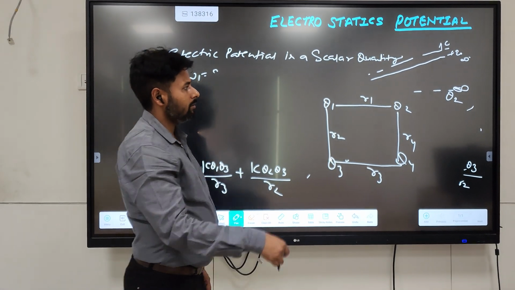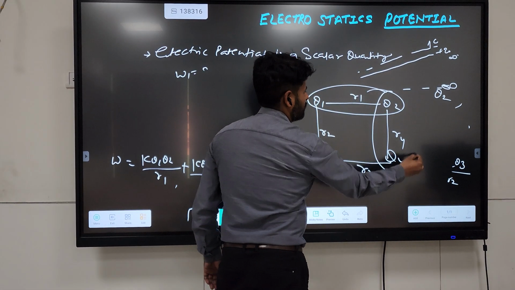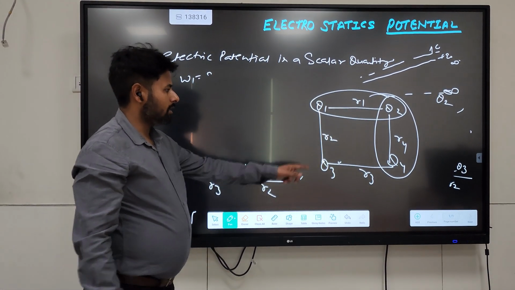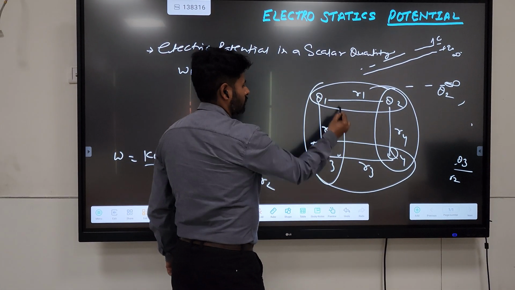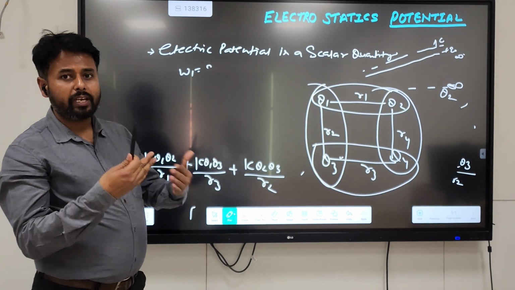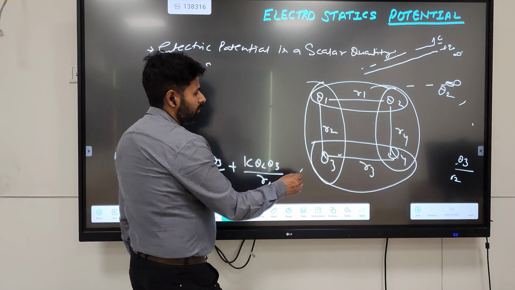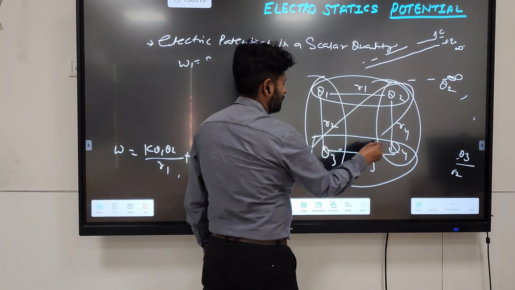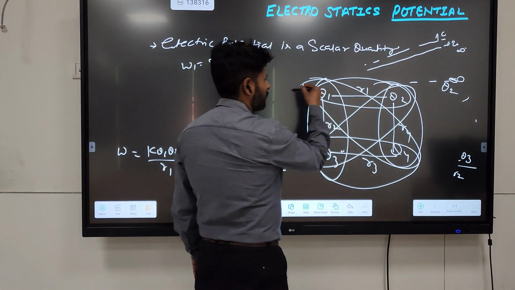There will be a potential energy between Q1 and Q2, a second potential energy between Q2 and Q4, a third between Q3 and Q4, and a fourth also. You can check here, there are some more pairs you can make. There will be a pair between Q2 and Q3, and a pair between Q1 and Q4.